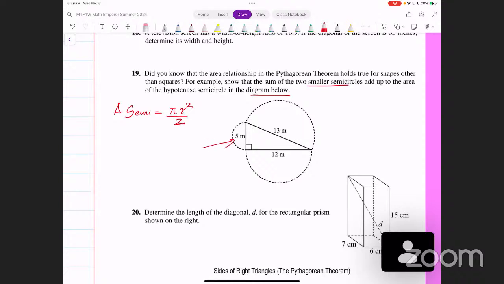I want everyone to find the area of each semicircle and tell me the answer. The formula is pi times r squared divided by 2. For pi, you can substitute 3.14 if you don't know how to use the calculator. Find out the area of the different semicircles.